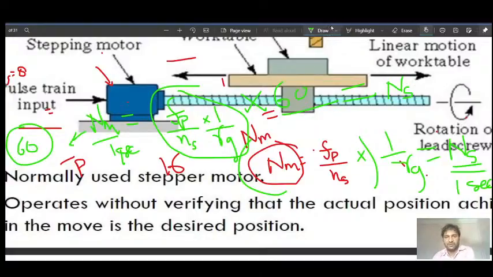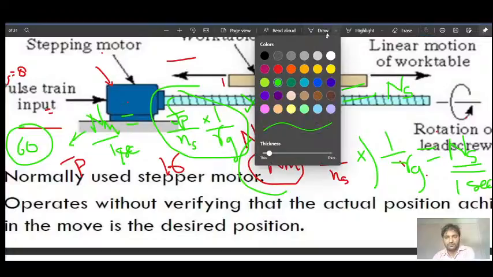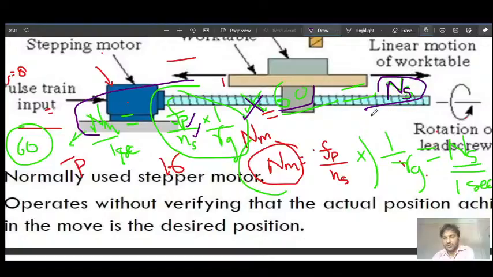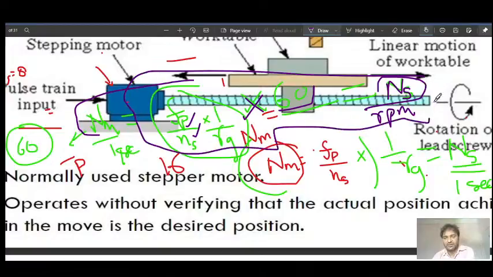So the RPM value is Fp divided by Ns, times 1 by Rg, multiplied by 60. It means the RPM of the lead screw. And to get the RPM of the motor, we simply multiply by the Rg gear ratio value.